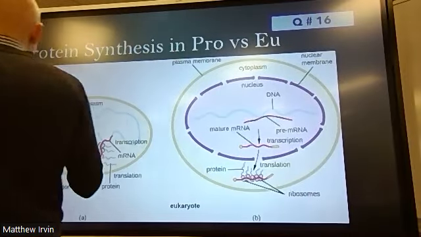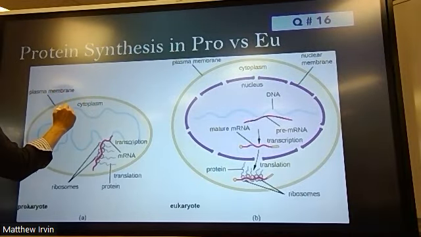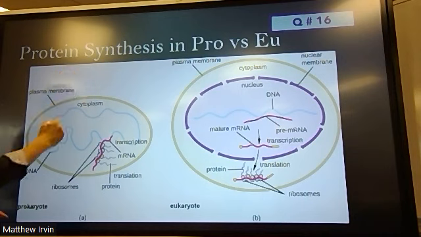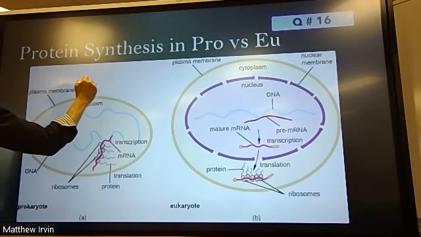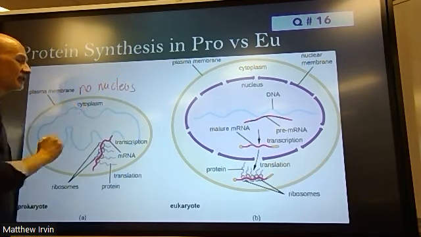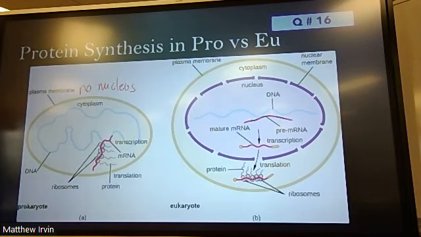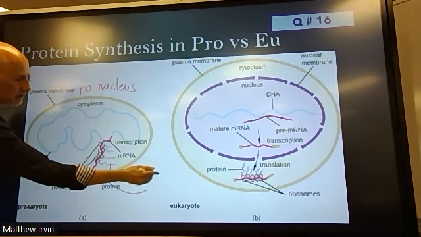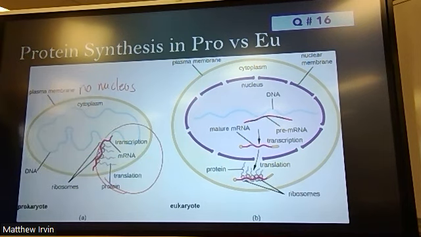There is no nucleus in the prokaryotes. So this is my prokaryote. There's no nucleus, the defining definition of a prokaryote, which sometimes shows up on the AP test. And I never want to know if anyone gets that wrong. But what is significant is that transcription and translation can happen at the same time.